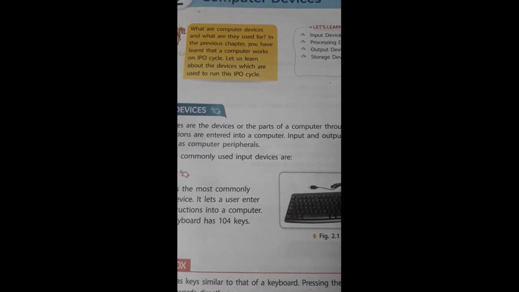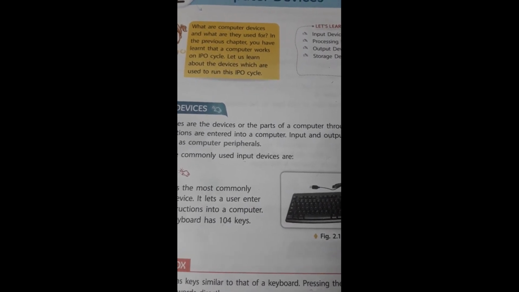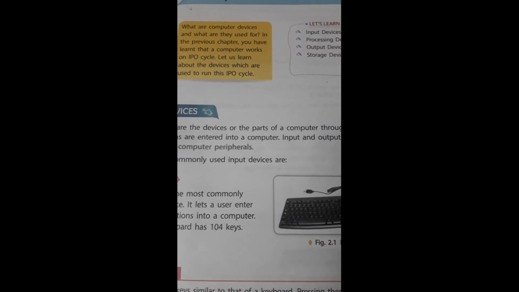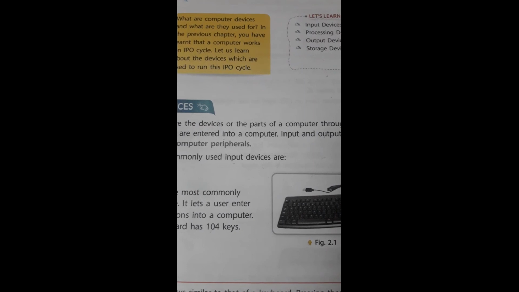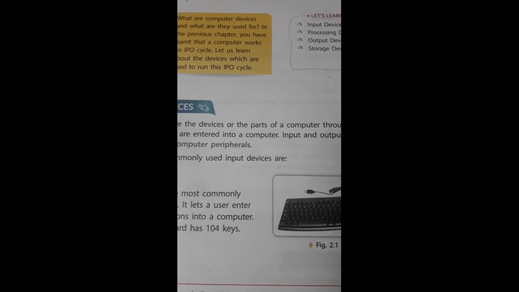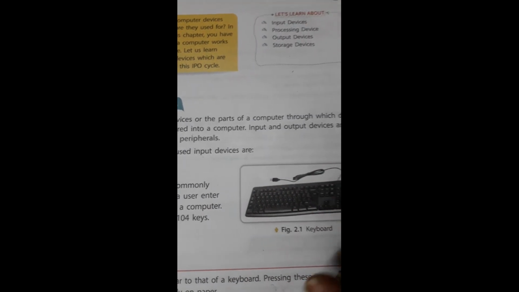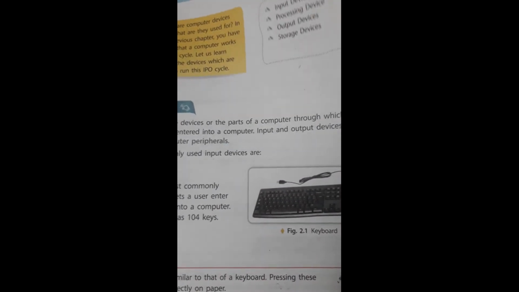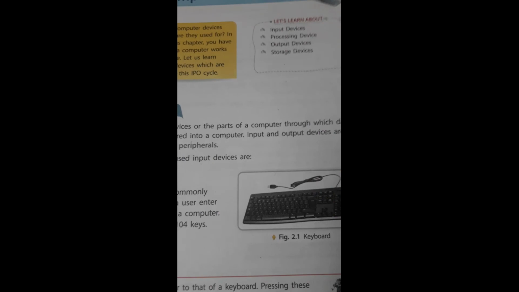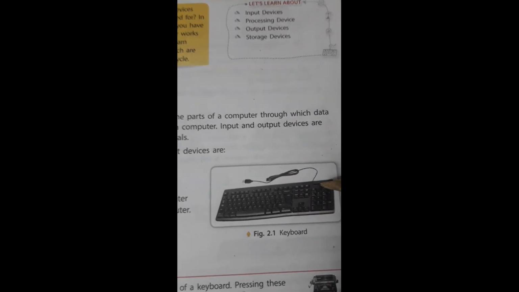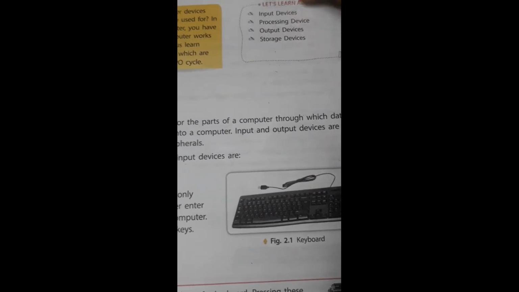It is one of the most used input devices for a computer, and using a keyboard to enter lots of data is called typing. So you have to draw the diagram of this keyboard.